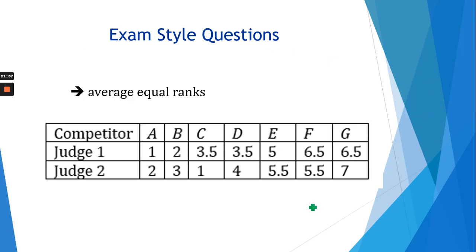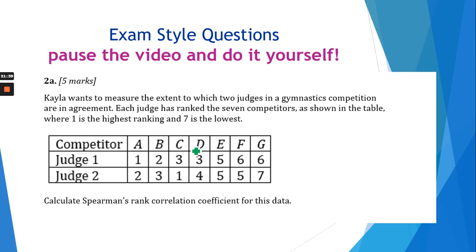So the first thing we have to do here, for the Spearman rank, that's okay that the judge did like the competitor A is on the rank position 1, B is position 2, C and D are position 3. That's okay, the judge one did this. But for the Spearman's rank, we cannot have equal values if they don't represent the mean, the average.